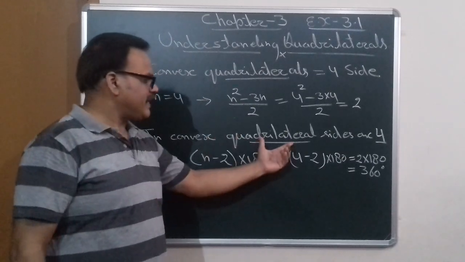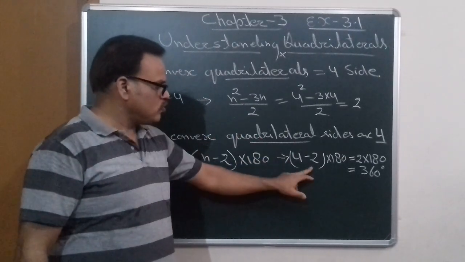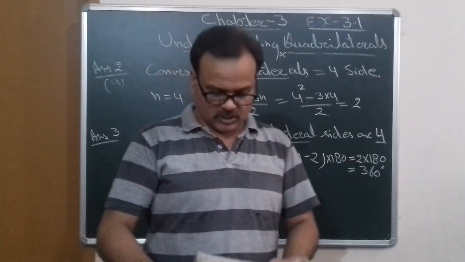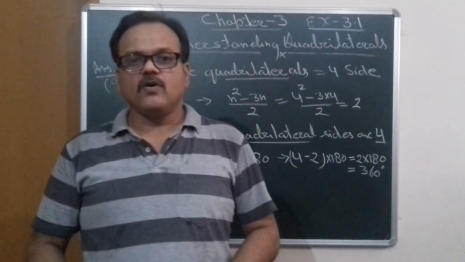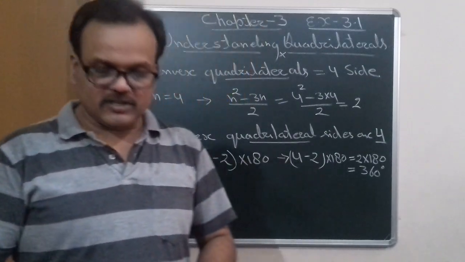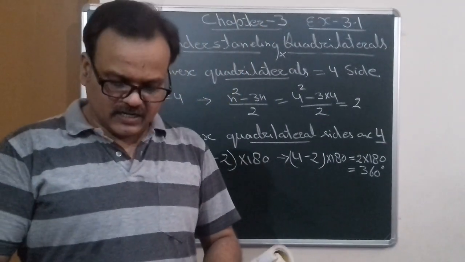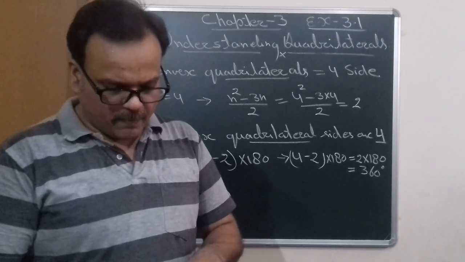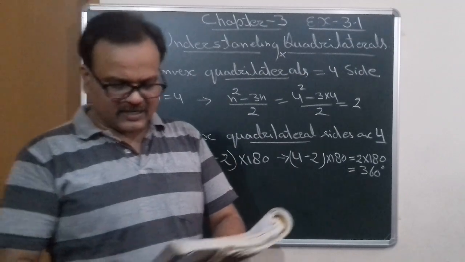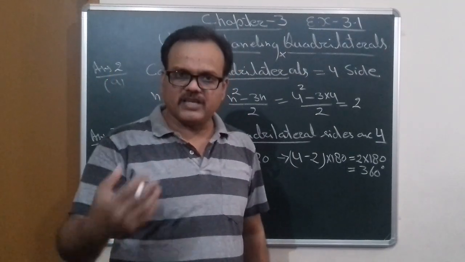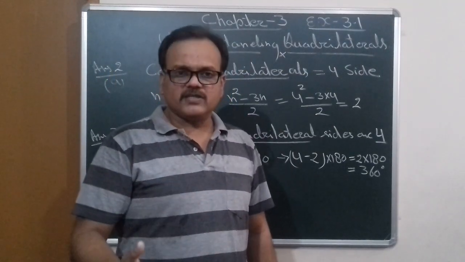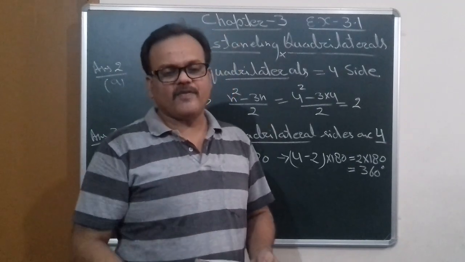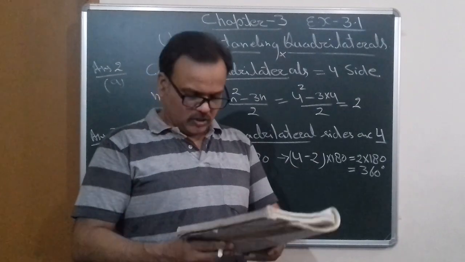In a quadrilateral the sides are 4, so 4 minus 2 multiplied by 180, so 2 into 180 is 360. So the sum of all the angles of any convex quadrilateral is 360. And the question also asks, will this property hold if the quadrilateral is not convex? It means concave. Yes, convex or concave, both have 4 sides, and the sum of angles is equal to 360.